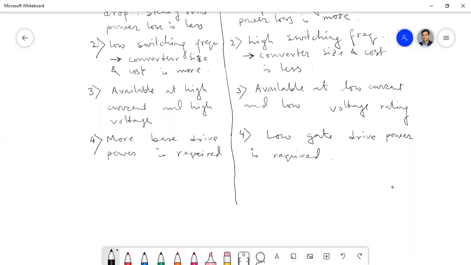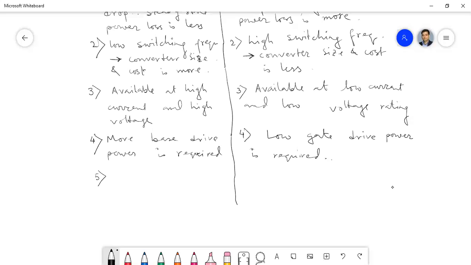Is that clear? If the current is less, then the power which will be required to drive the gate will also be less, isn't it? So therefore, low gate drive power is required for power MOSFET.